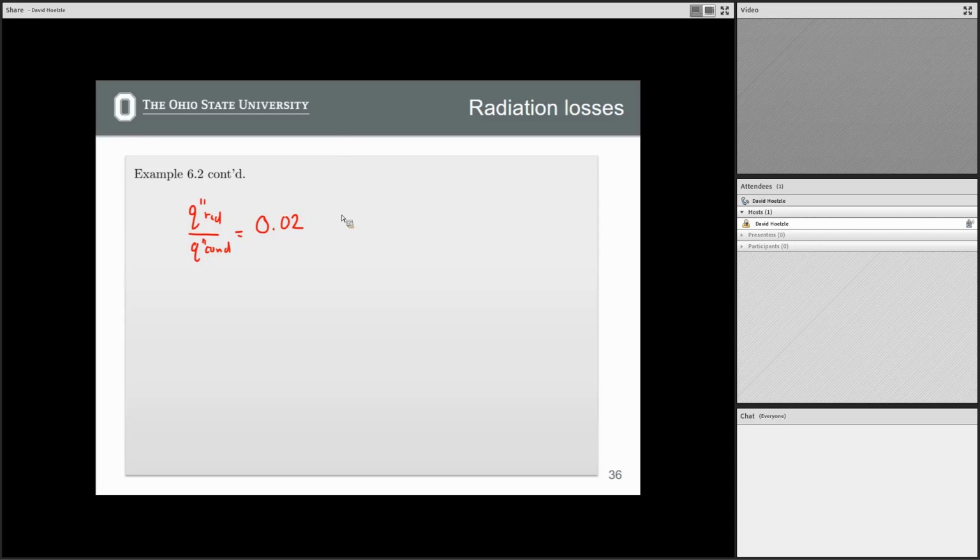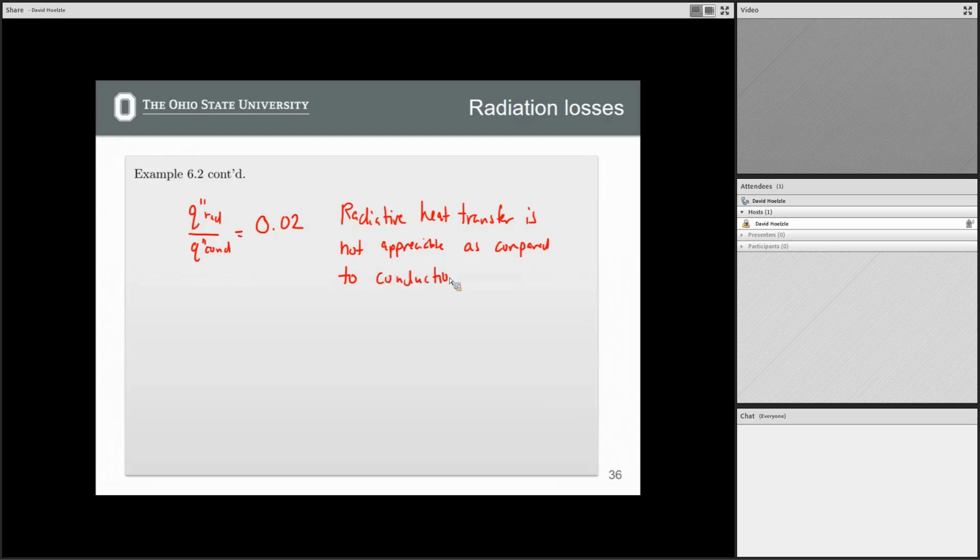And so we can safely say that radiant heat transfer is not appreciable as compared to conduction.